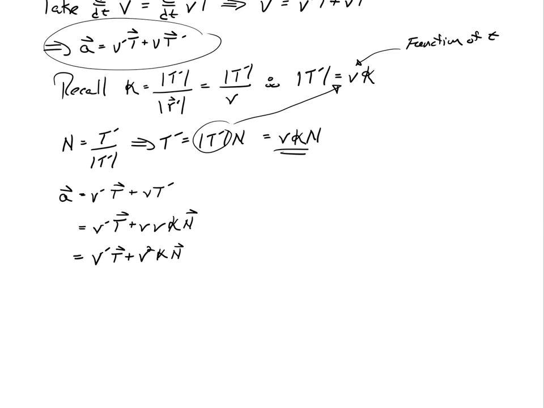This is actually pretty important because, I will make this a smaller v, this little v. This right here, v prime, is the tangential component. This right here is the normal component.